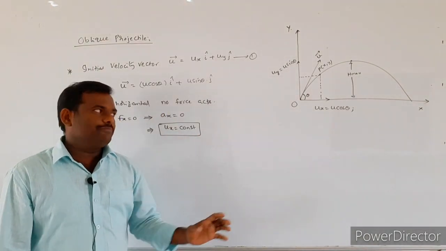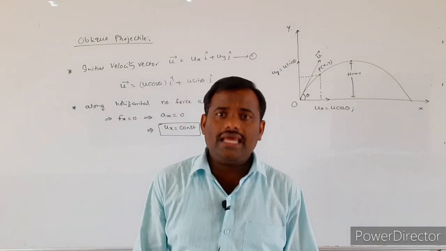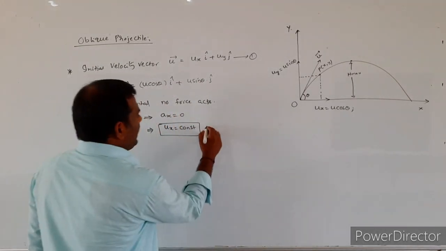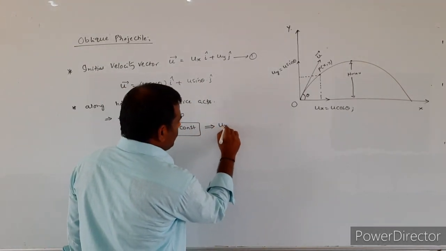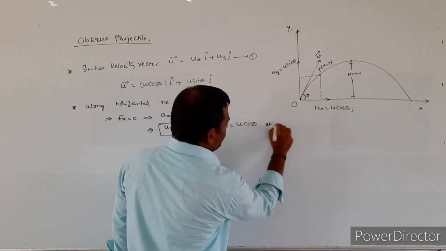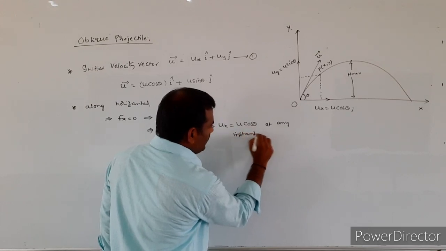At any time, the horizontal component of velocity does not change, and its value is ux equal to what? U cos theta at any instant.